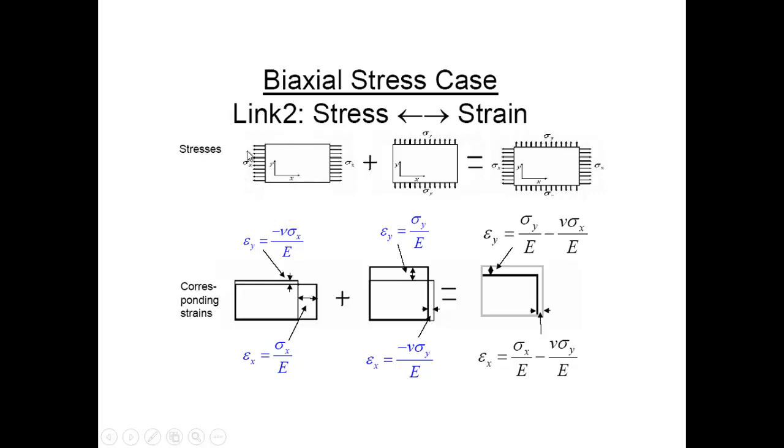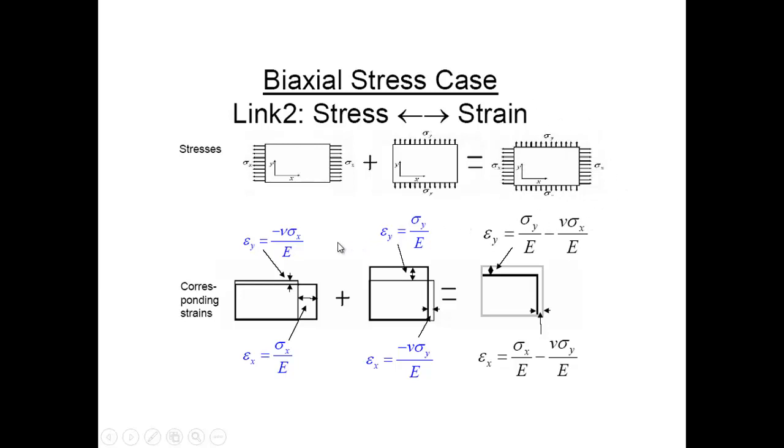This is how they are calculated for the biaxial stress case. If you have tension in the x direction, and at the same time tension in the y direction, when you combine all together the value of the forces, you get the condition we call biaxial stress.